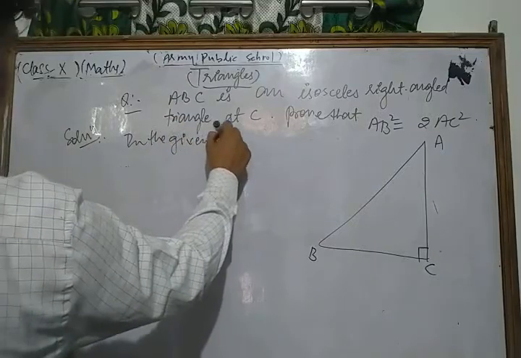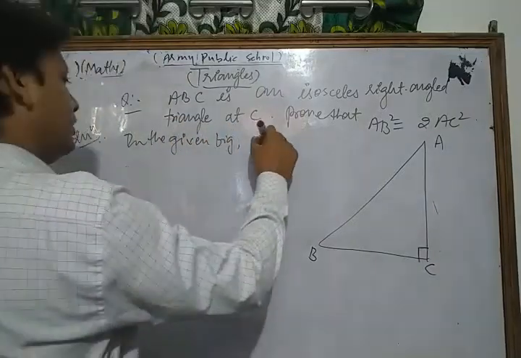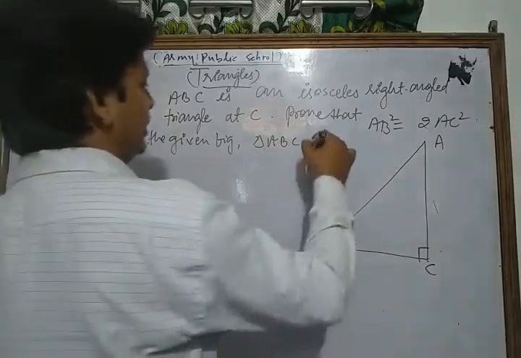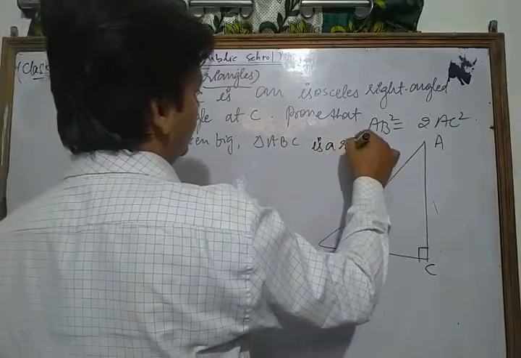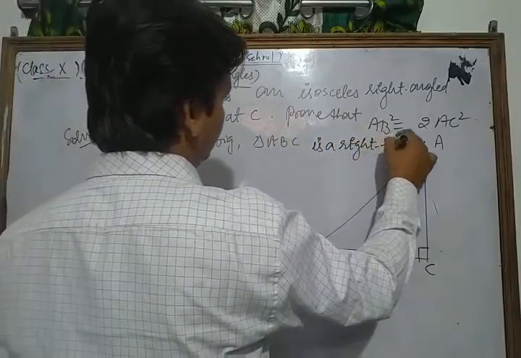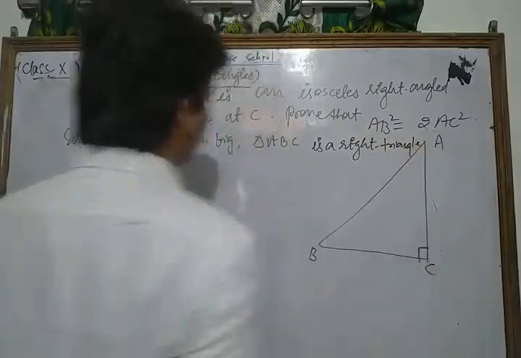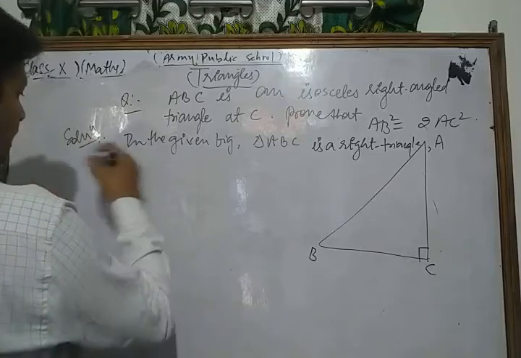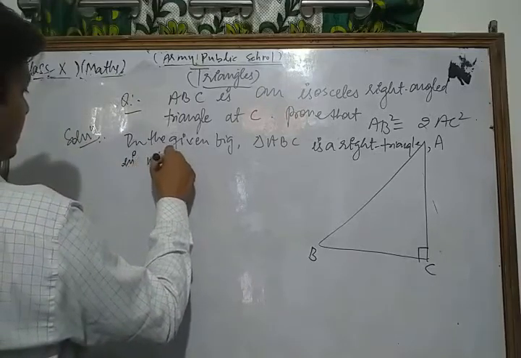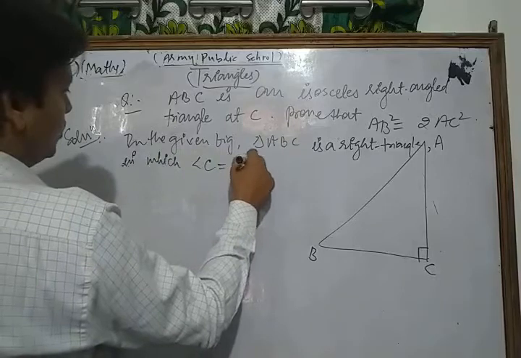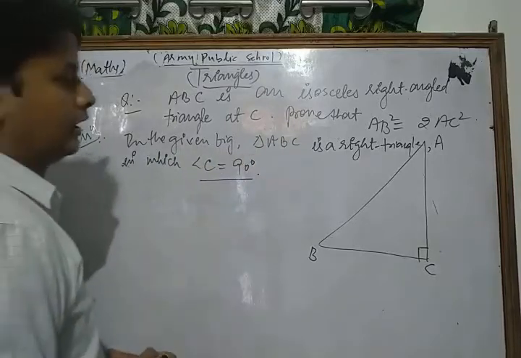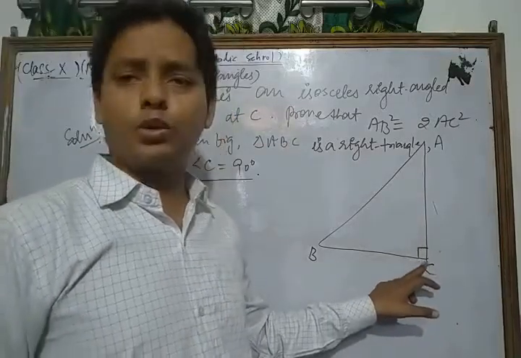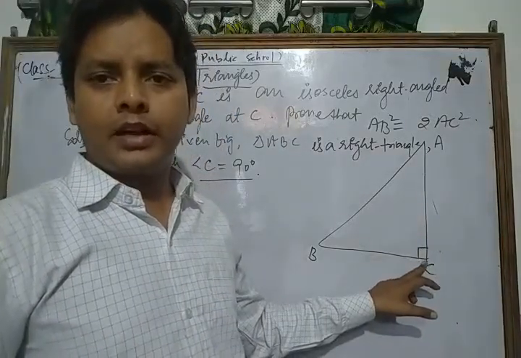In the given figure, triangle ABC is a right angle triangle in which angle C is equal to 90 degrees.